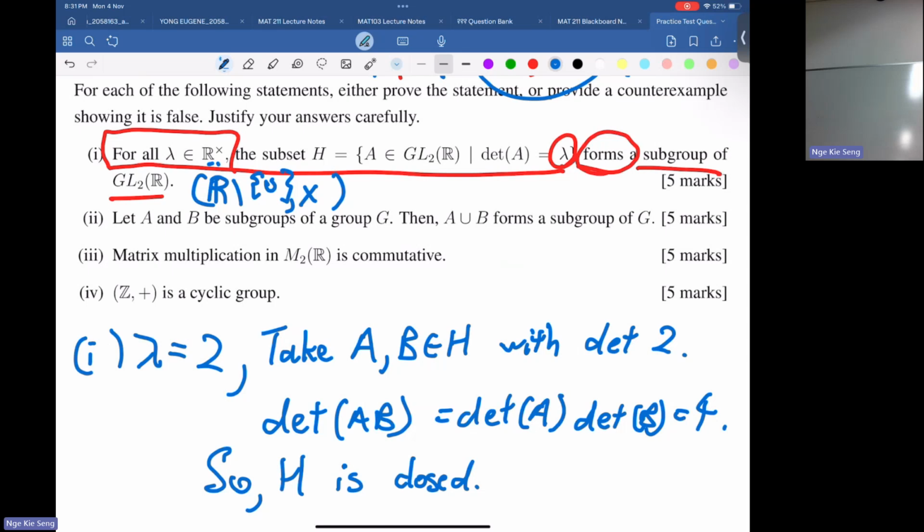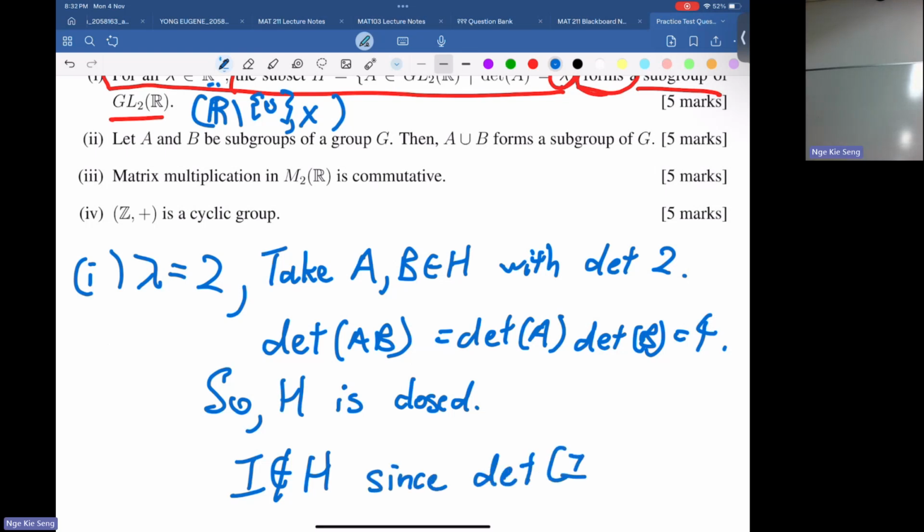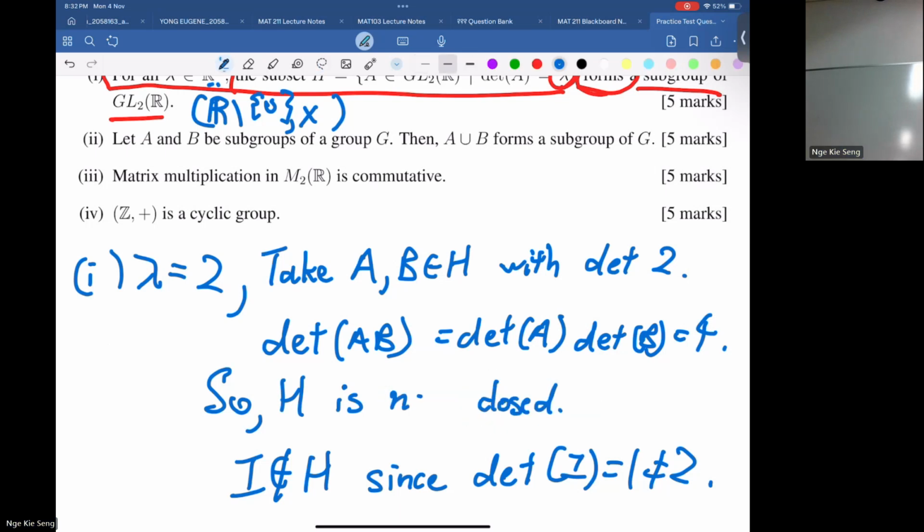The determinant of the identity is 1. Okay, the identity is also not in H, since the determinant of the identity is 1, not 2. Sorry, not closed. Okay.